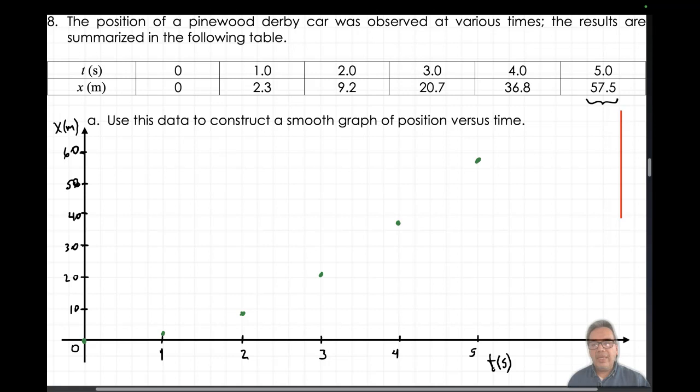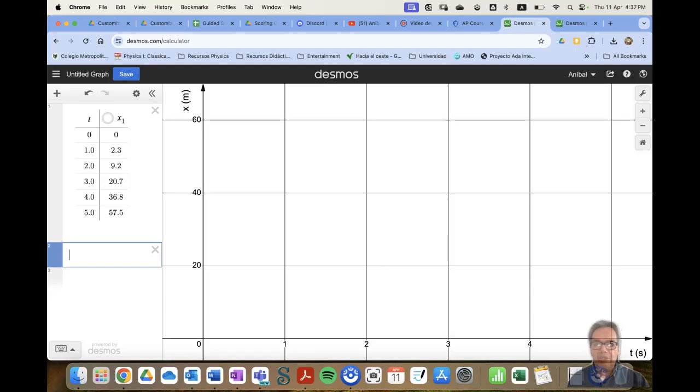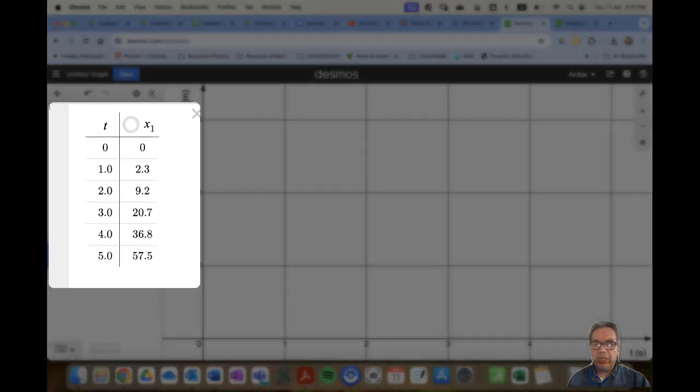So you can easily see from this series of dots that this graph is not going to be linear. Actually, if you want to look at it more accurately, you can take Desmos and you can see that, in this case, I have already put in the data here in the table to the left.